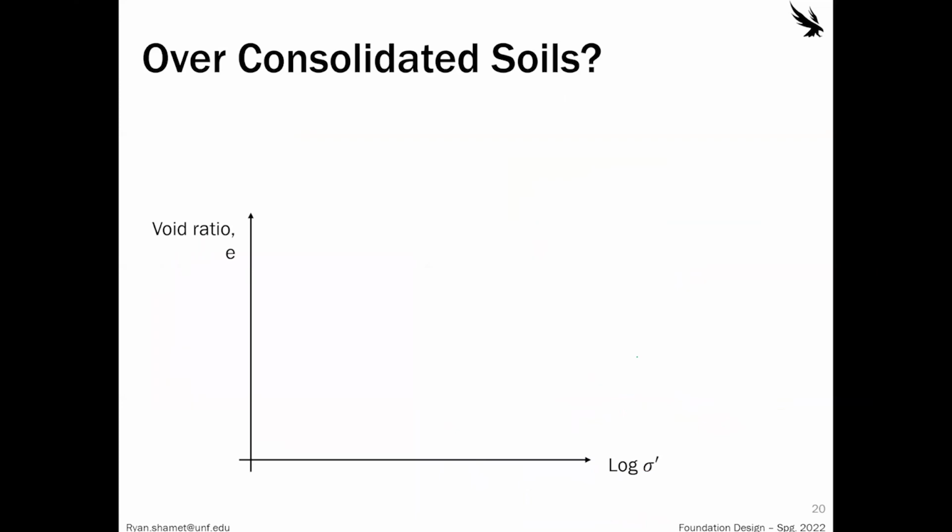Okay, so that's it for normally consolidated. What I wanted to quickly go over is over consolidated, looking into next week. Just to recap, normally consolidated soil is when our current stress is the max stress. Therefore, current effective stress is equal to the past maximum, the pre-consolidation pressure.